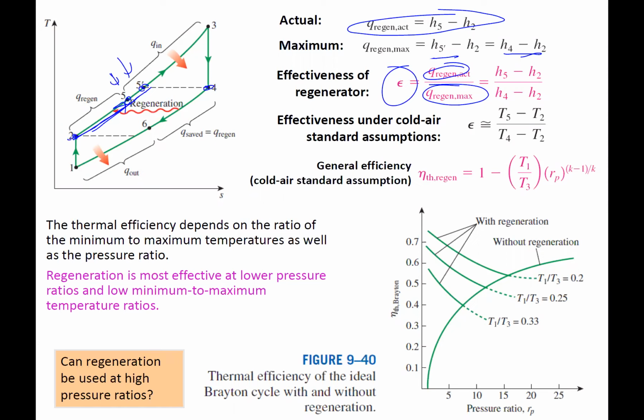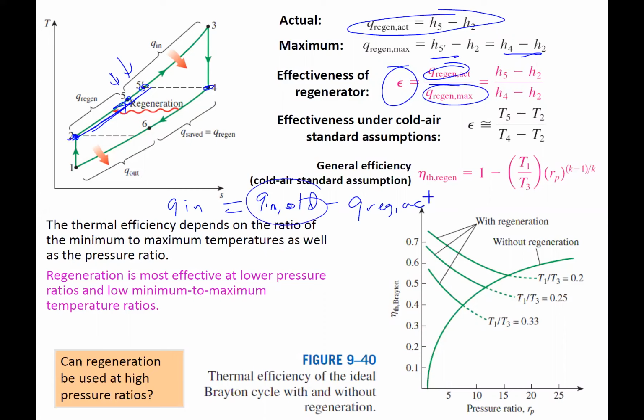So in this equation, basically the heat that we normally add from 2 to 3, the Q in of the old or new or Brayton cycle or whatever you want to call it, would be equal to that one minus the Q regen actual.